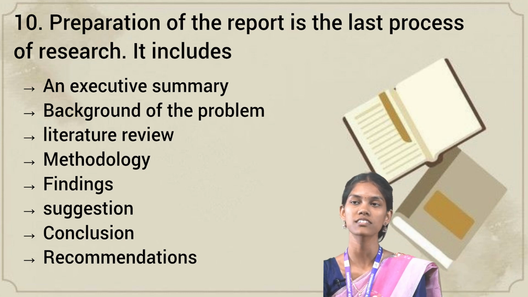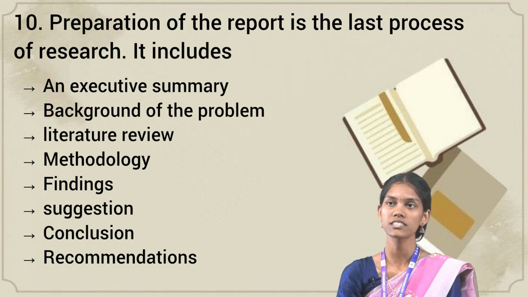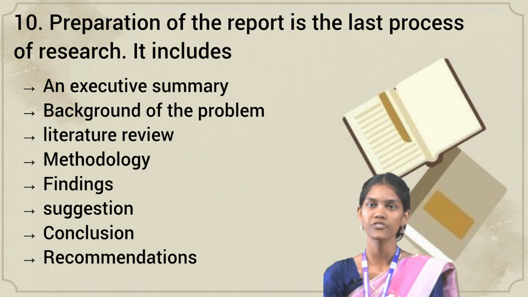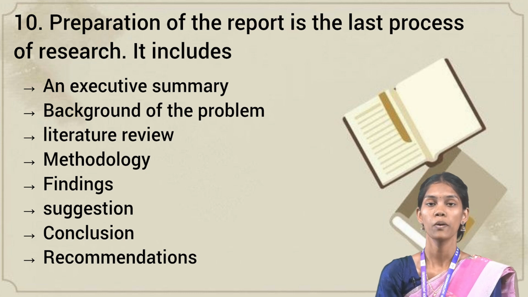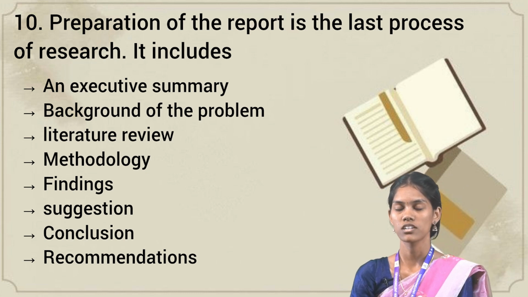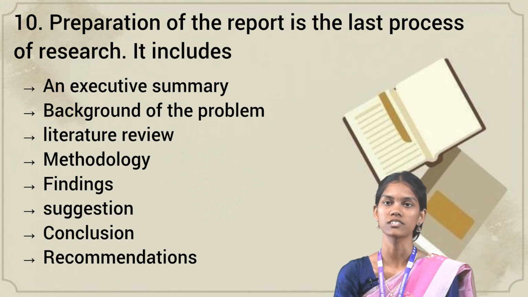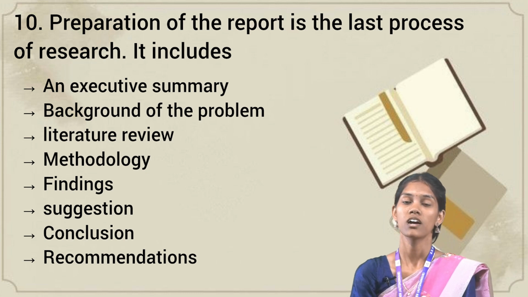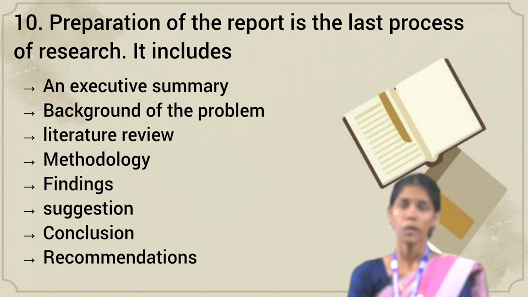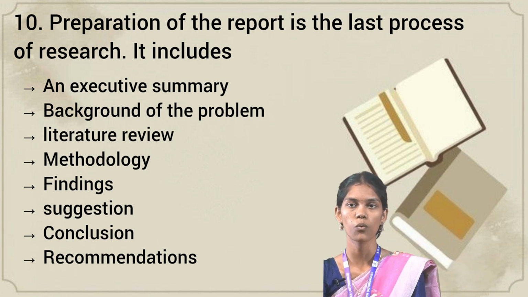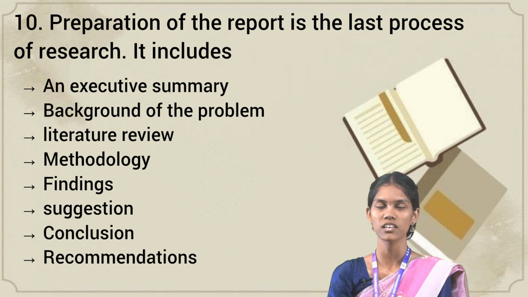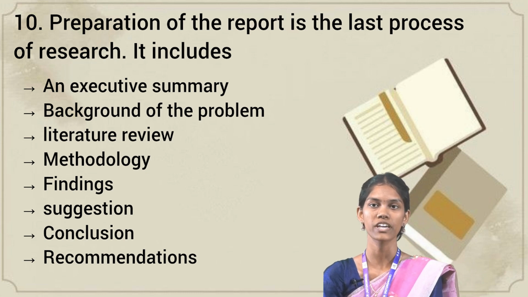Review of literature is when a researcher does research, he has to access the data that a previous researcher did related to his research. Next, methodology. Methodology is nothing but what type of sample size or research design they have taken.